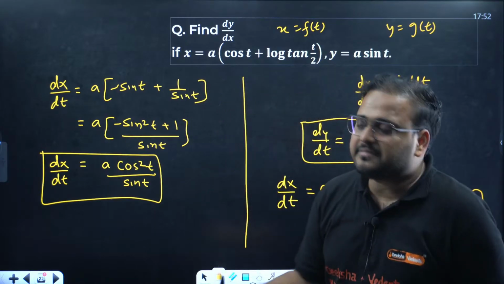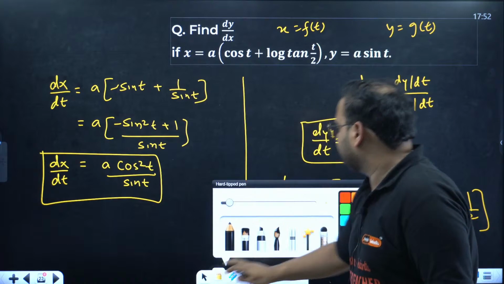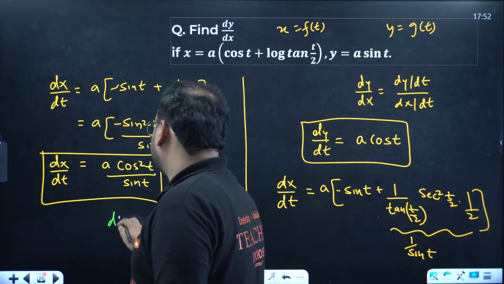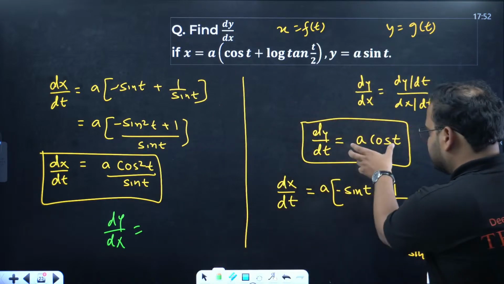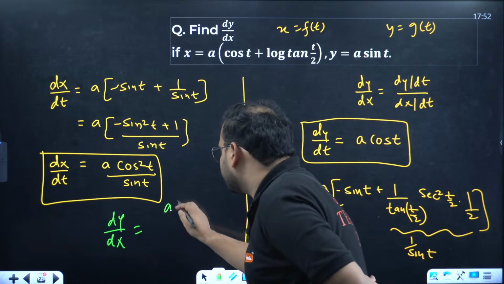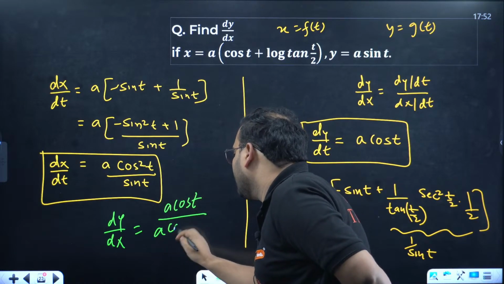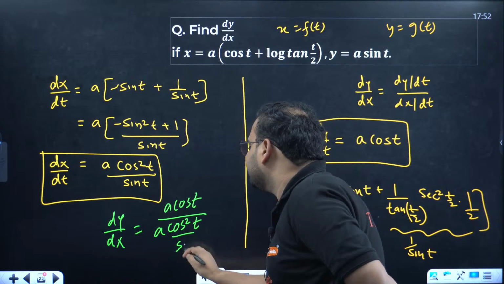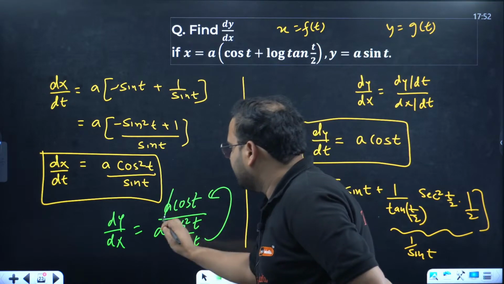To find the derivative, take the ratio of this to that. Check dy by dx. What is this value? This here is a cos t. So right here, a cos t divided by a cos square t upon sine t. A and a cancel.